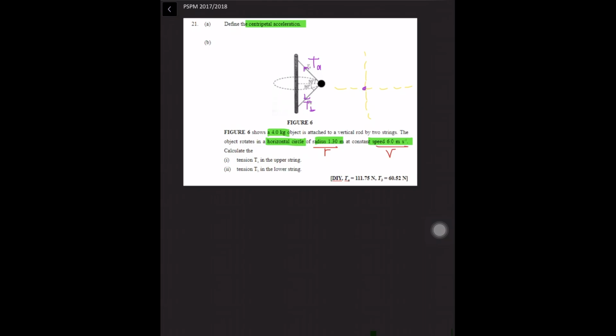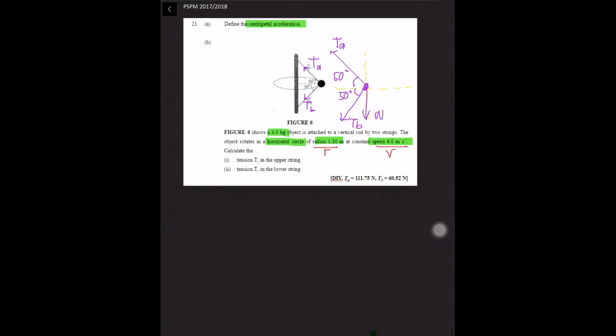So here we have TB, with an angle of 50 degrees with respect to the x axis, and for the upper string we have TA with the same angle, also 50 degrees. And one more force acting on the object, it is weight. So we have weight acting downward.